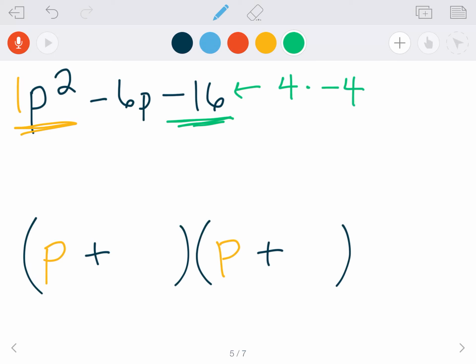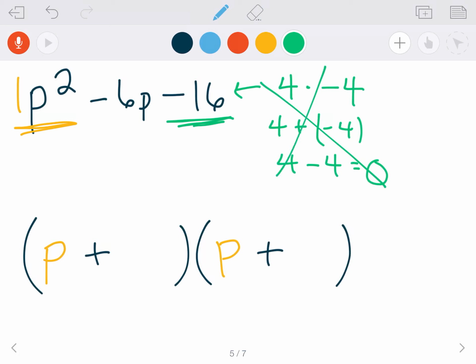Okay, yeah, that's negative 16. Now let's try adding them. What is 4 plus negative 4, also known as 4 minus 4? That's 0. But we don't want 0. We want negative 6. Okay, so I don't think that is the correct group of numbers.